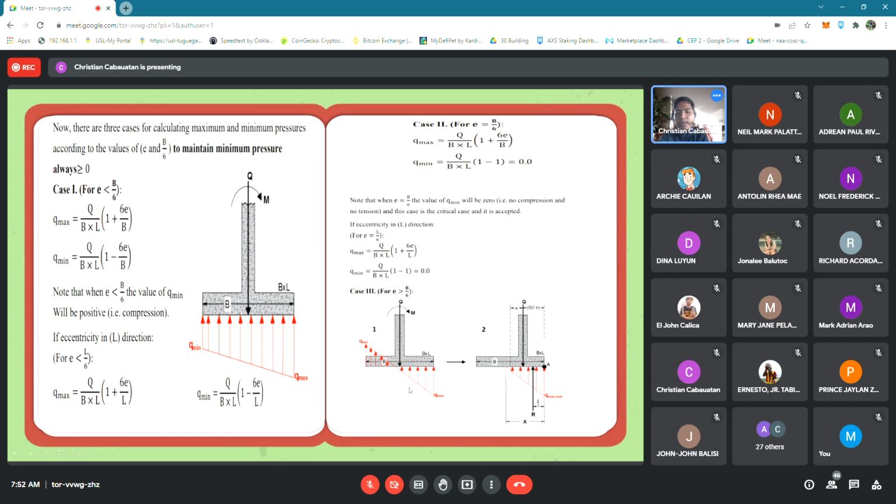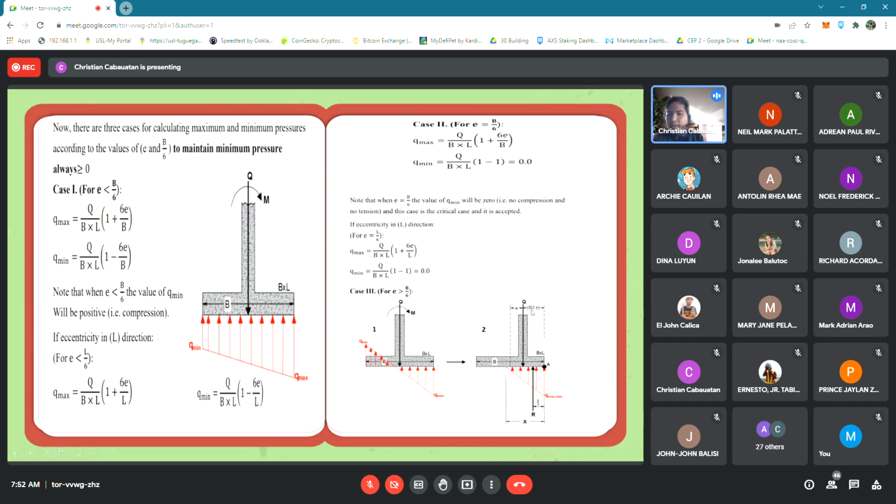Okay? And then in the figure 2, no, this would be the applied eccentricity na. Okay? May eccentricity na po siya. Okay? And then, okay, we consider na yung kanyang reactions, no? The Q there, meron na siyang eccentricity, okay? The distance between the applied Q and the Q maximum na bago, okay?